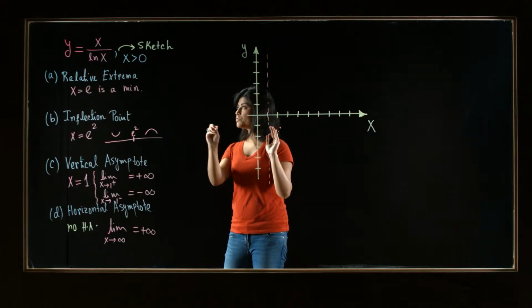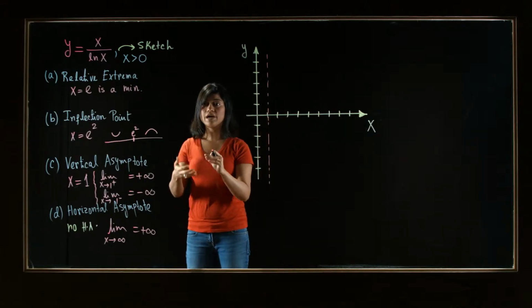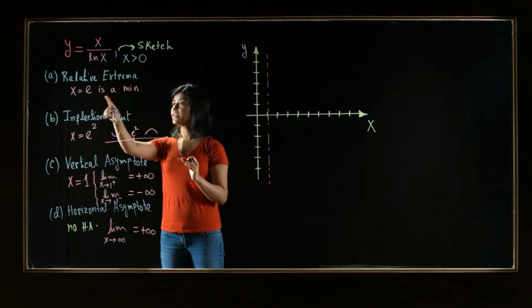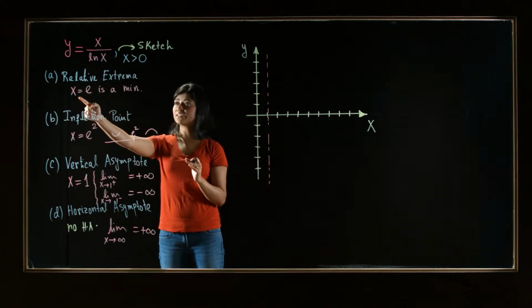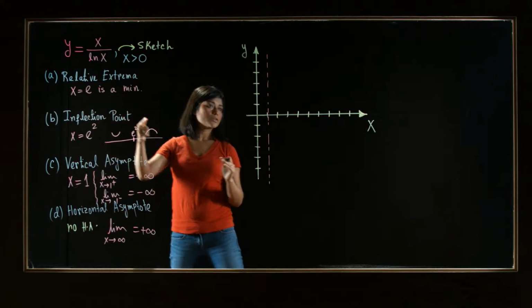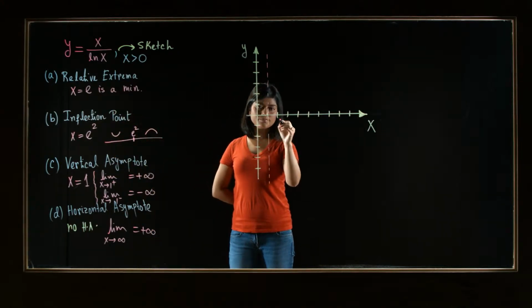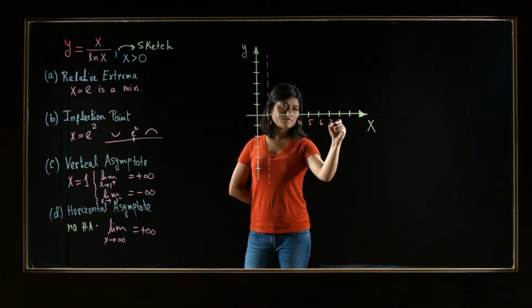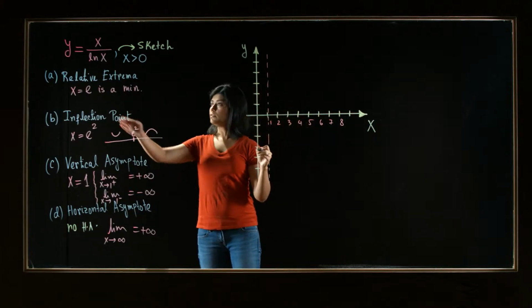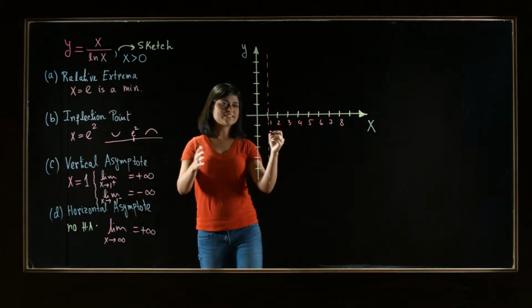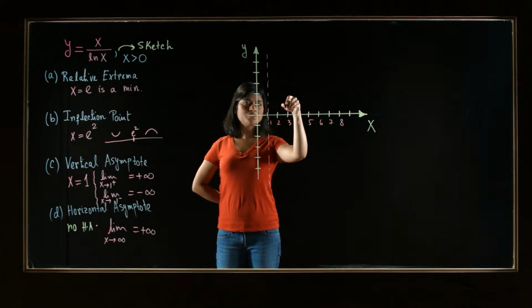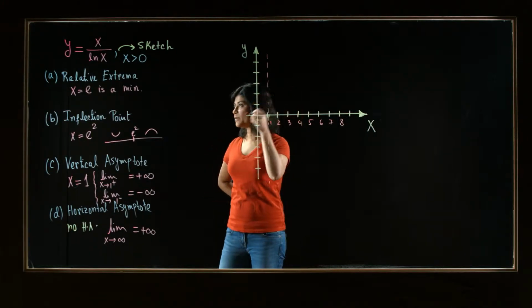But we also need to see if there are any points on the graph of the function that we know of. Now, notice that the relative extrema is at x equals e, and that's a minimum point. So, say if this is 1, and x equals e is about 2.7, so the function will have a relative min at that point.